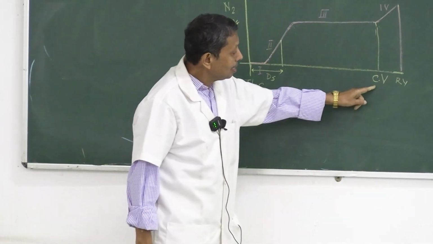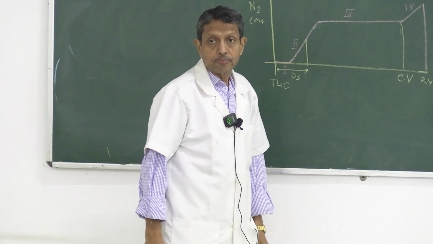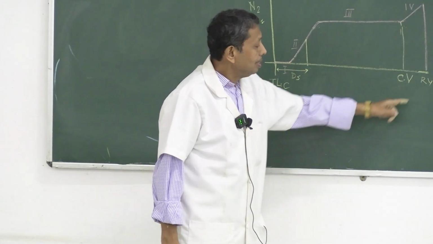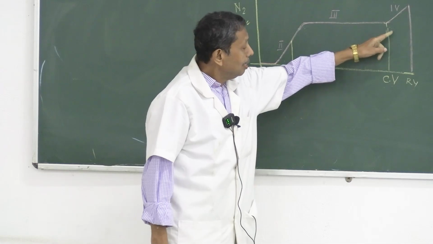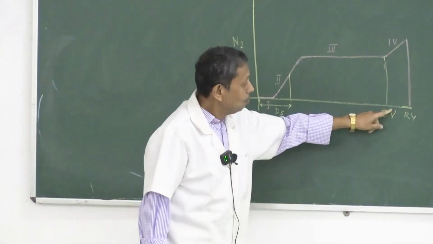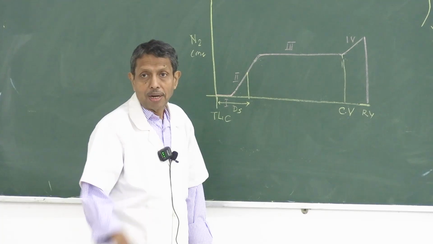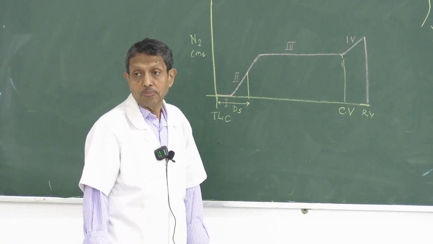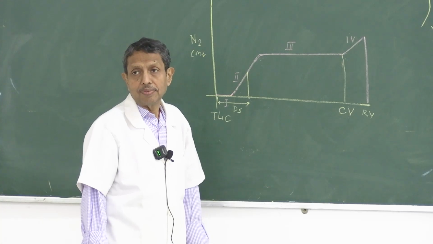This point indicates the closing volume, which is above the residual volume. Whenever there is closure of the small airways of the dependent part, it is called closing volume. It is a test of the peripheral airways.